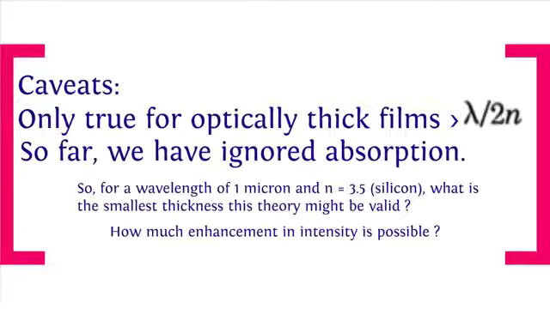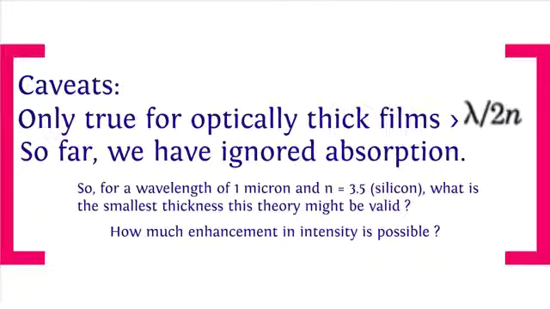The reason is just so we get some scales. So 1 micron is 1,000 nanometers. Now, I said lambda over 2n, so 1,000 nanometers divided by 7.